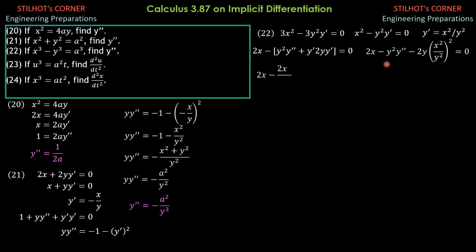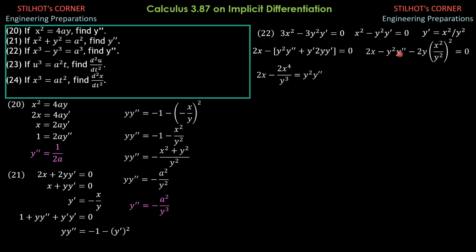Simplifying, 2x minus y squared y double prime minus this one. So 2x to the fourth over y to the fourth, but there is y here, cancel y. So this is negative 2x to the fourth over y cubed.